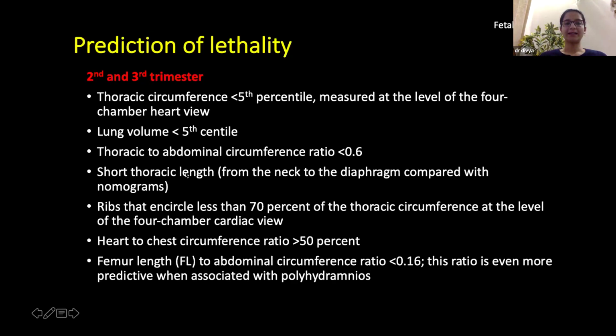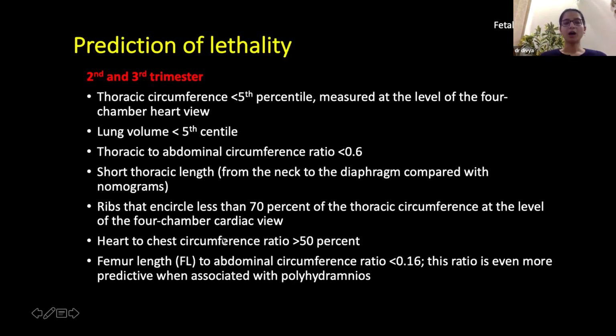A short thoracic length, which is measured in a coronal plane from the base of the neck to the diaphragm, is also another predictor. When we look at the ribs in the four-chamber view, normally the ribs encircle more than 70%, or more than two-thirds, of the thoracic circumference. If it is less than that, that is another predictor. Then, when the chest or the thorax is narrow in a lethal skeletal dysplasia, the heart tends to appear bigger.